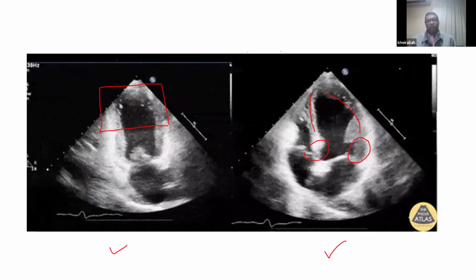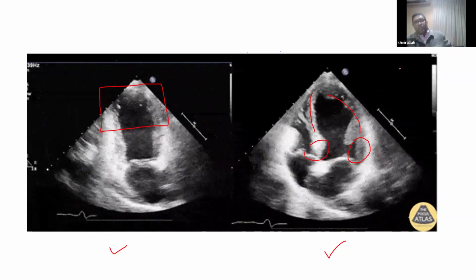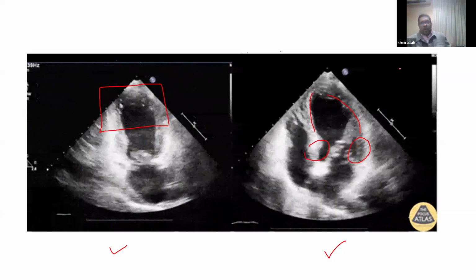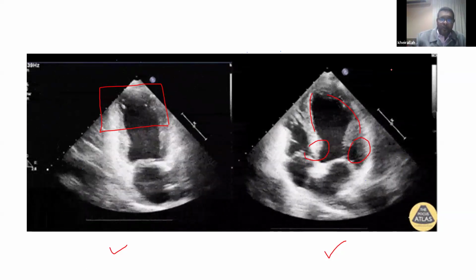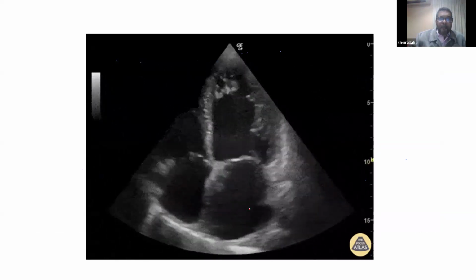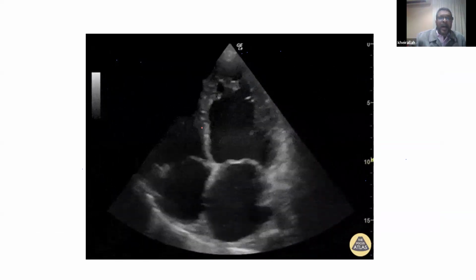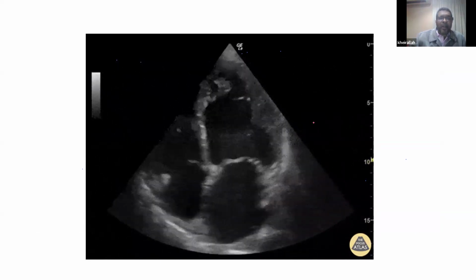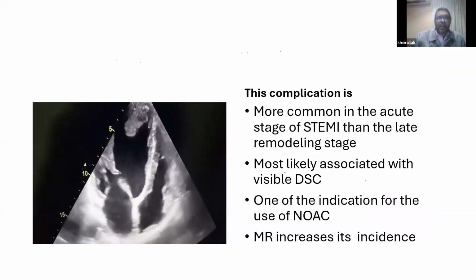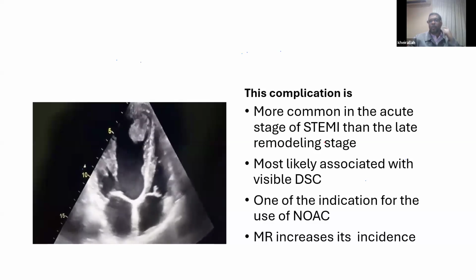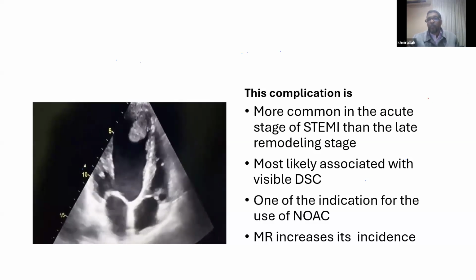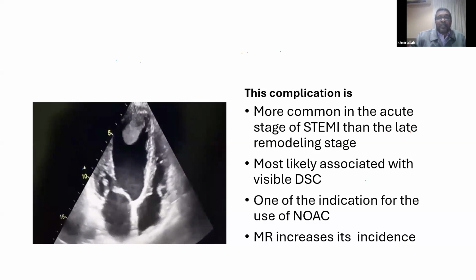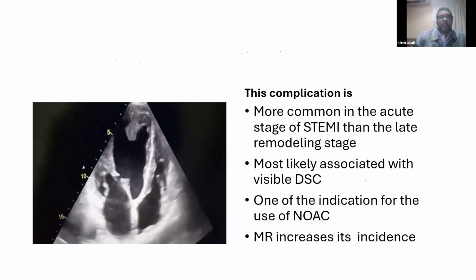This was a case of stress-induced cardiomyopathy, Takotsubo syndrome, heartbroken syndrome, okay? And this is severe hypokinesis, which is global, and again with LV apical thrombus. Now, this complication, that's a question to you, is more common in the acute stage of STEMI than the late remodeling stage.